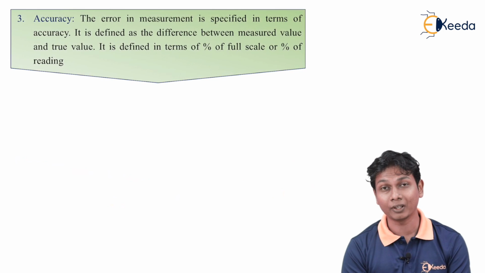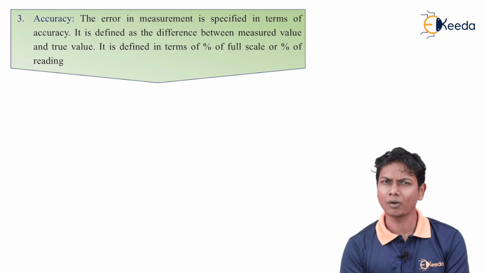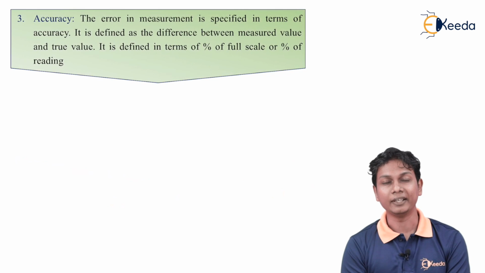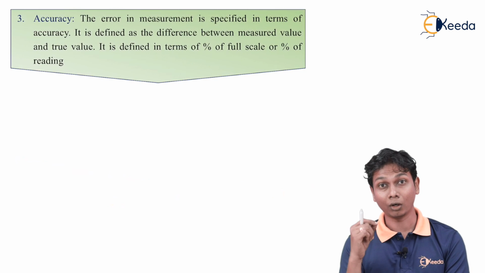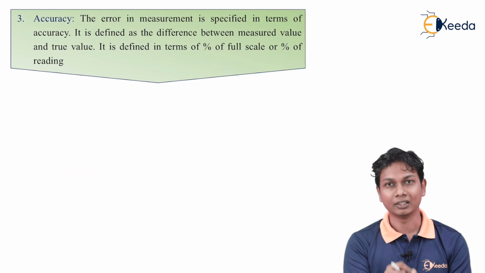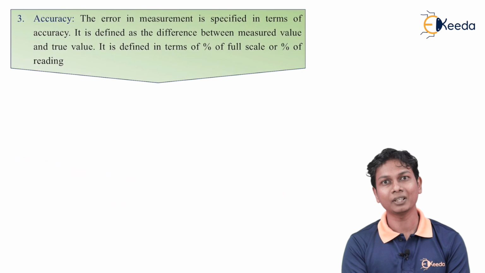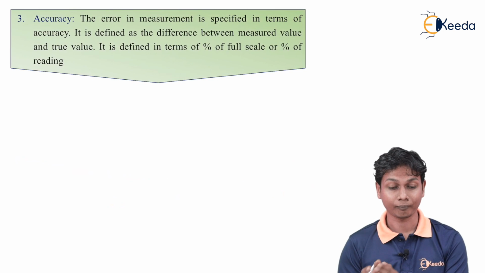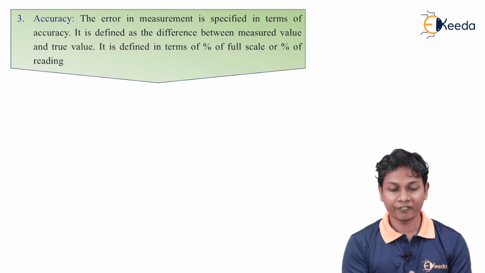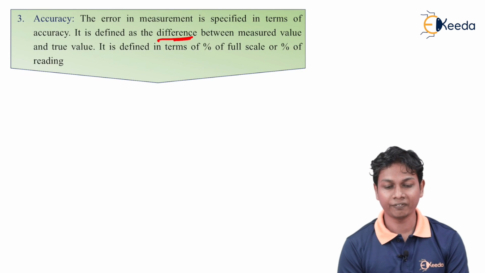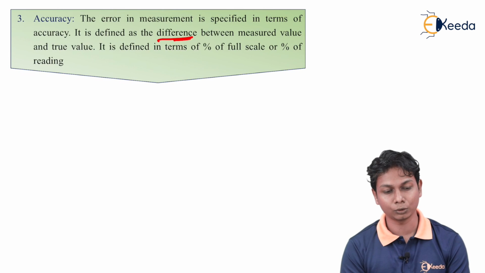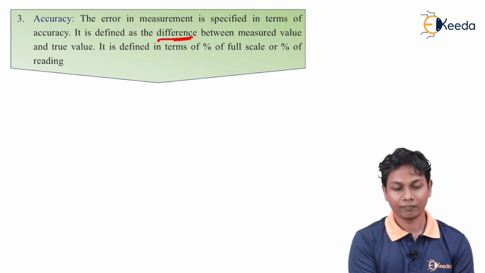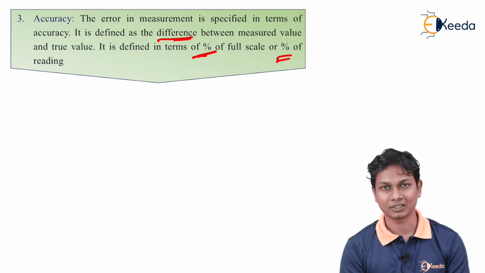But there is also a true value. So what is a true value? The true value is the predefined value that is already entered in the sensor device, or it can be considered as a measuring device. It's already defined. So again, the difference between the measured value and the true value is the accuracy. For example, it is defined in percentage, or full scale also in percentage.